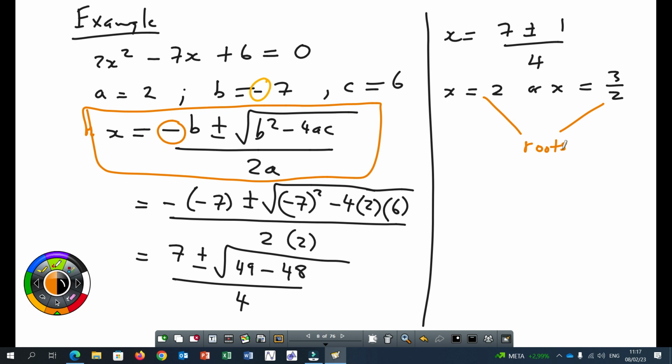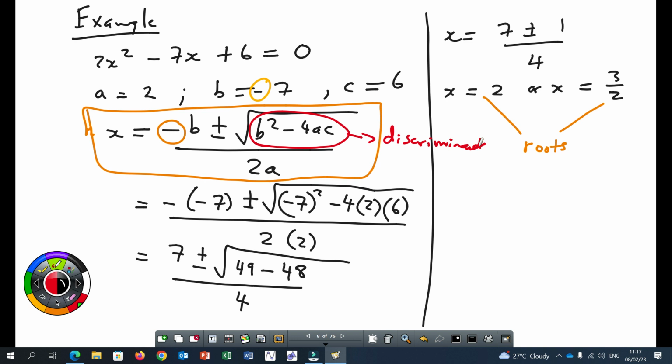By the way, this expression here, b squared minus 4ac, has got a special name, but I will deal with that later towards the end of the topic. It's called the discriminant. I'll talk about nature of roots in more detail towards the end of the topic.